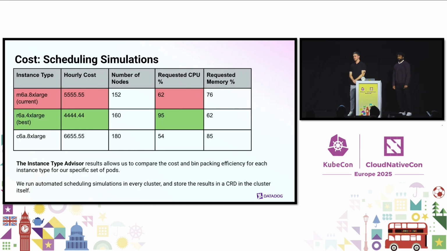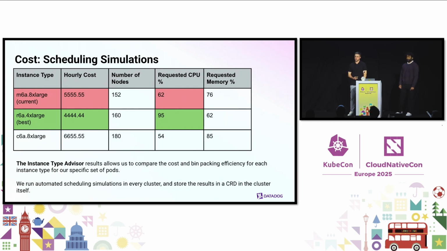So the results of the instance type advisor in a single cluster might look something like this, where we have our current instance type that we're using, which is m6a.8xlarge. And we can see that with this instance type, our requested CPU percentage is down at 62%.